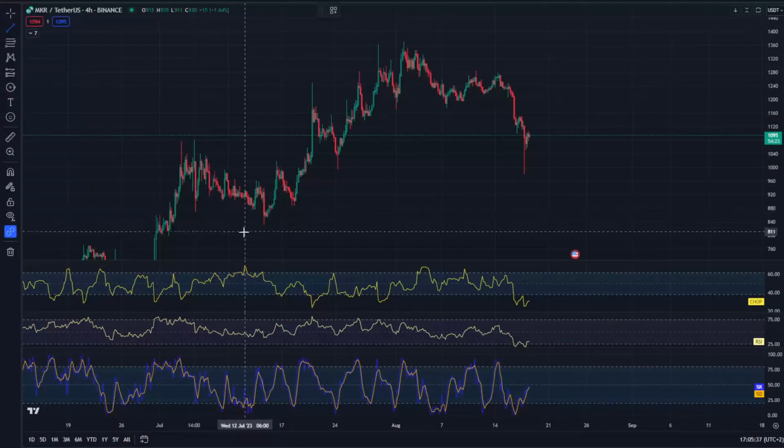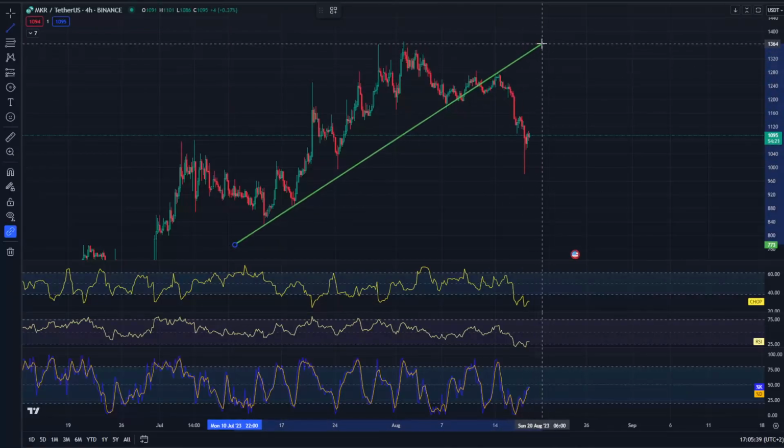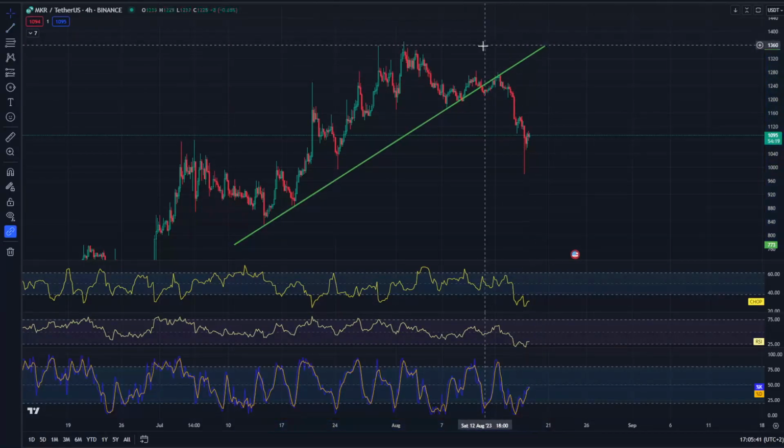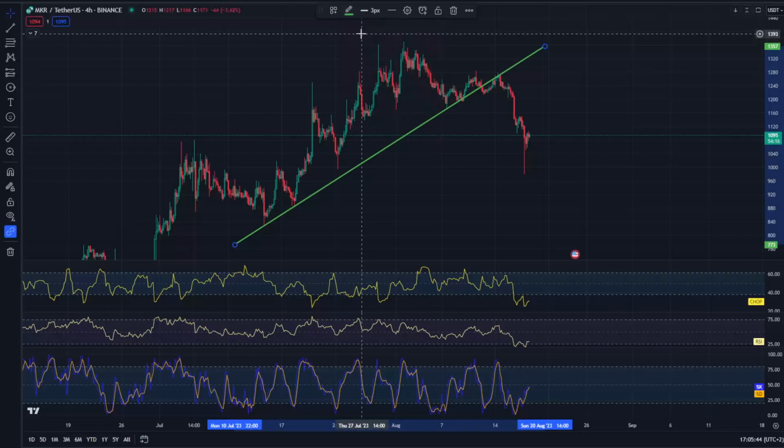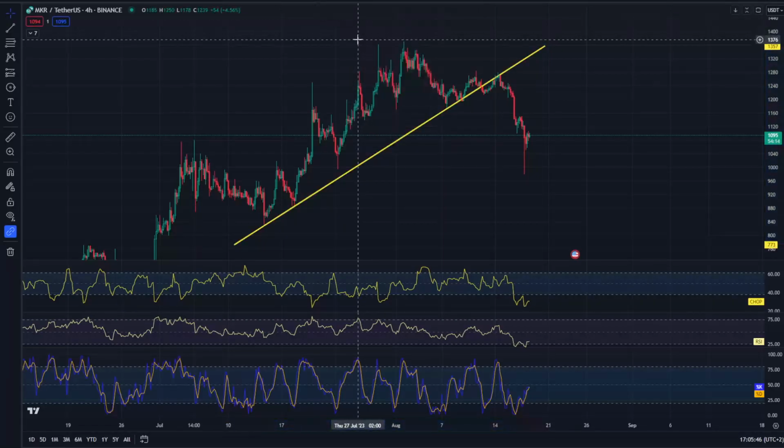As the third one, we will check the MKR chart against USDT on the 4-hour interval. As we can see, the price has left the bottom of the uptrend line.